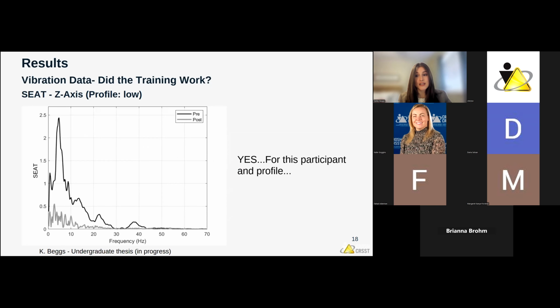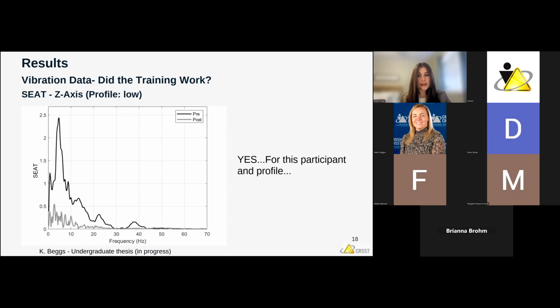To better understand what was actually happening, we decided to look at the time series data, which basically allows us to see how much vibration is being transmitted at a specific frequency. These next graphs are for individual participants. Right here we're looking at the seat, on the vertical axis, and this is a low vibration profile.